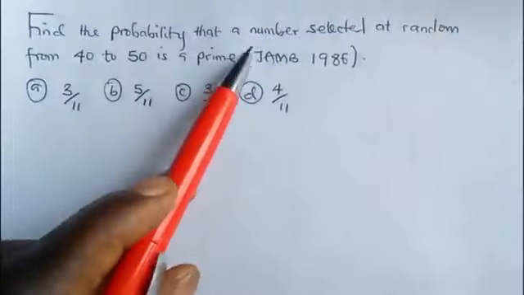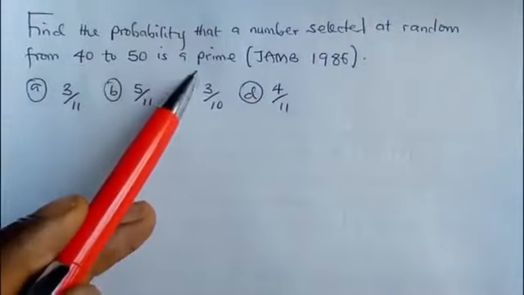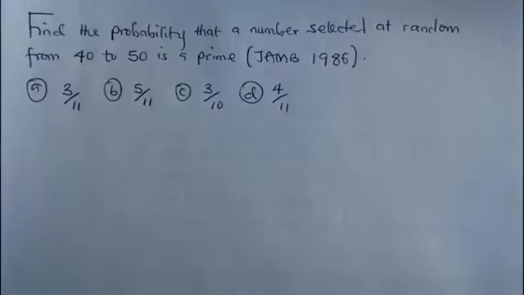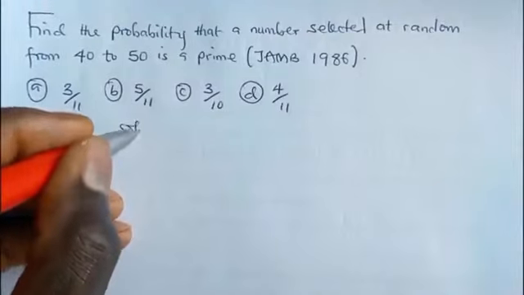Find the probability that a number selected at random from 40 to 50 is a prime number. Now, this is our range of values.